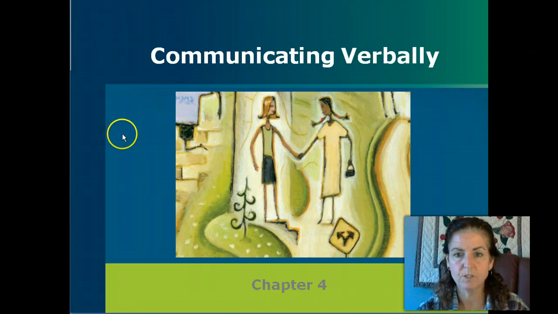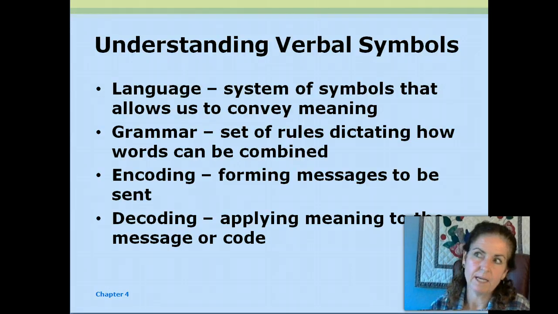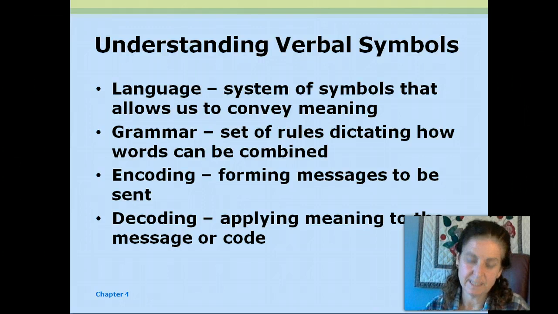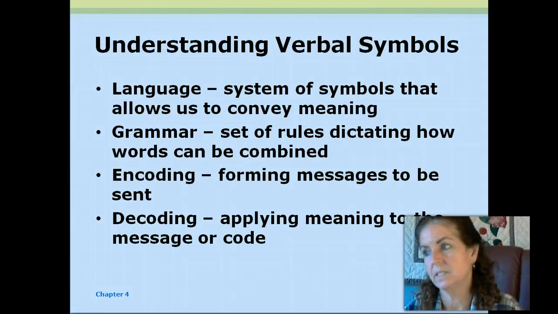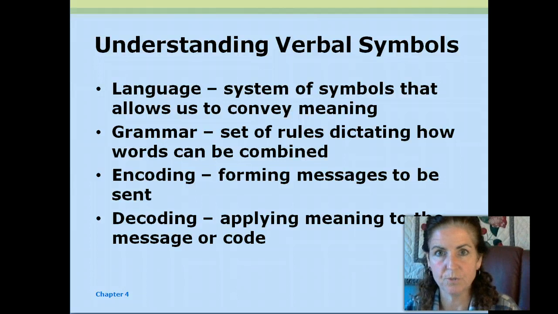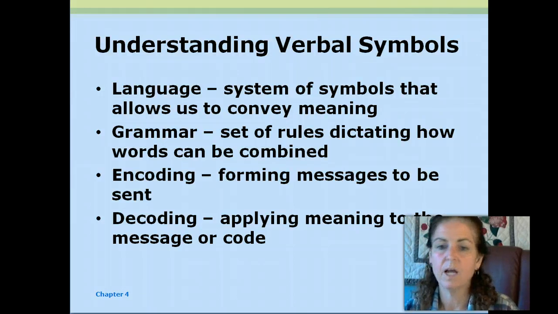So first, when you look at verbal symbols altogether, it's important to define what language is, which is that system of symbols that's used to convey meaning. It's important to understand that that has a lot of different dimensions to it. People can study pragmatics, which is how it's used. You can study semantics, syntactics, how it's structured.